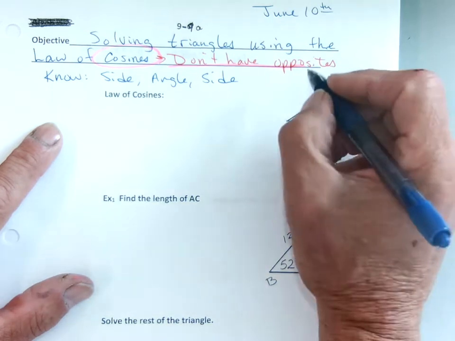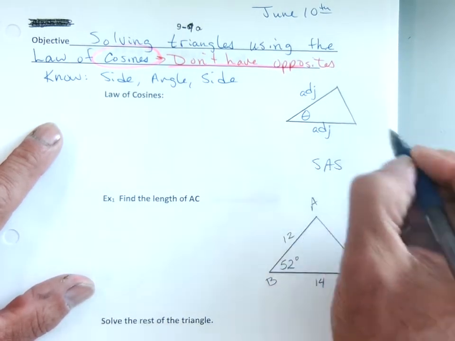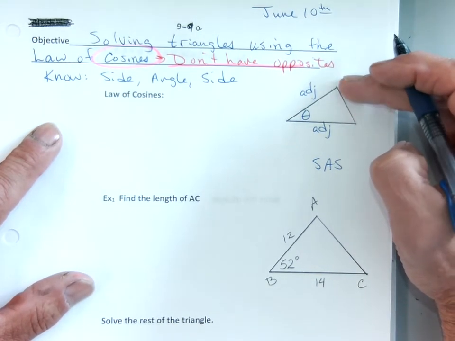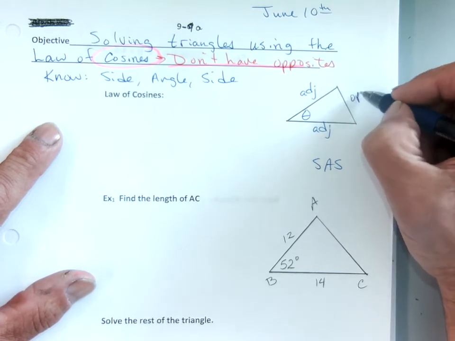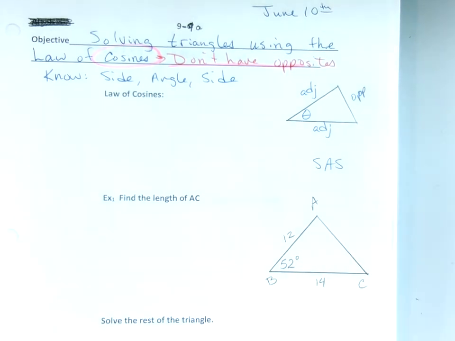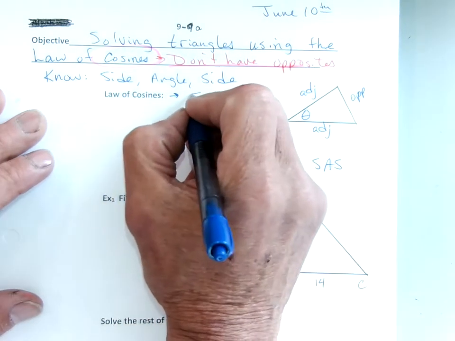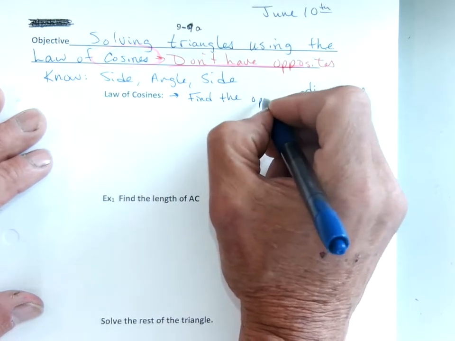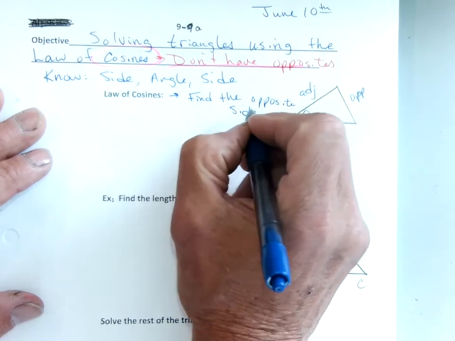I've got an adjacent side here and an adjacent side here. On this opposite side, it's not a hypotenuse, it's not a right triangle, it's just an opposite side. So we're going to use the law of cosines to find the opposite side. Okay?